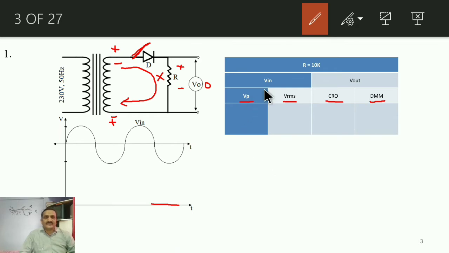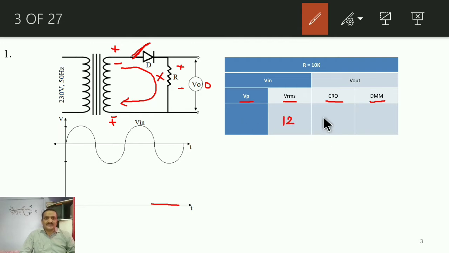If the RMS voltage is, say, 12 volt over here, you can find the value of peak voltage by using the formula I already told you: Vrms equals Vm by root 2. That means 12 into root 2 is Vp.